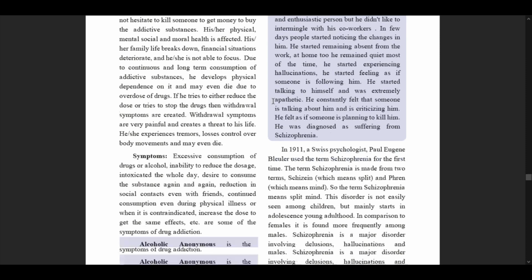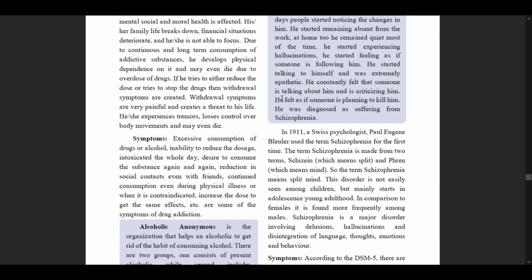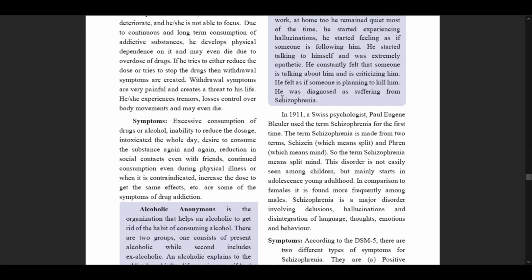So now we understand how this term was recognized, and we learn what this term actually means. In 1911, a Swiss psychologist, Paul Eugen Bleuler, used the term schizophrenia for the first time.